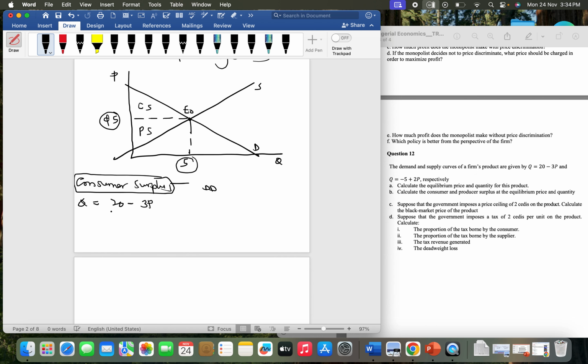If I want quantity, I make P 0. So let's start. When P is equal to 0, Q is equal to 20 - 3 times 0, where 3 times 0 is 0, and 20 minus 0 gives us 20. So we have Q to be 20 here.